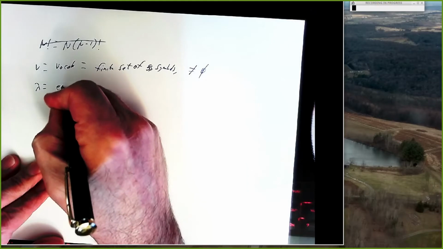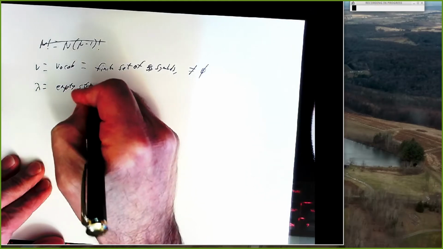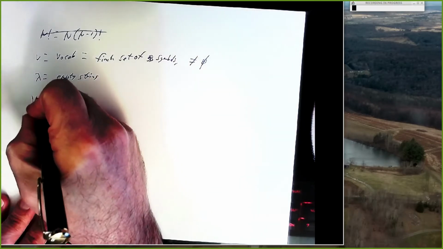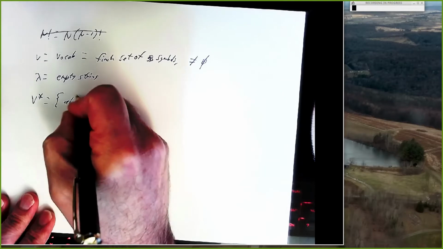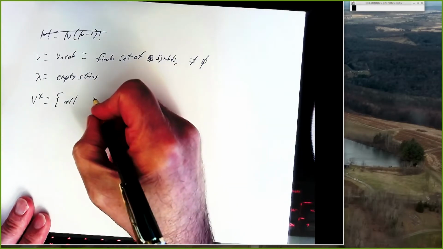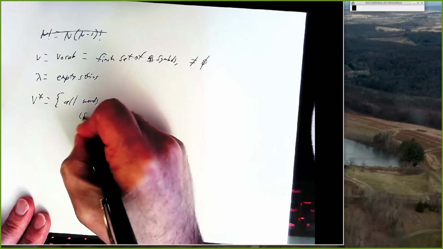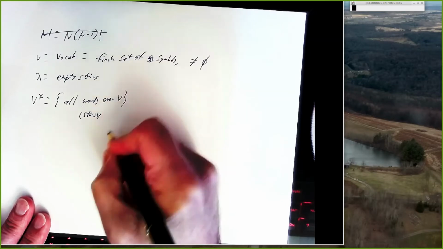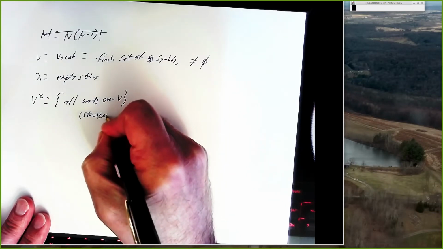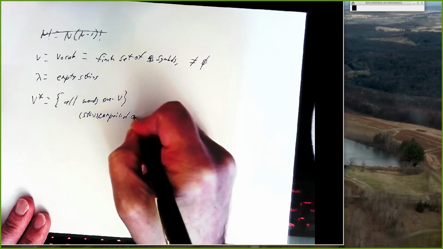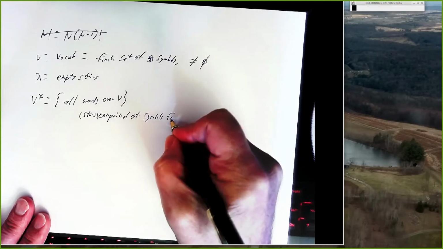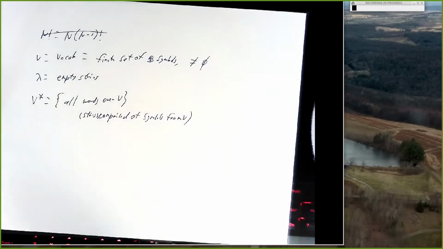Lambda was the empty string. So it's a string consisting of no symbols. V star equals the set of all words or strings over V, which are strings comprised of symbols from V. So this is what we did on Monday. I'm just rehashing.